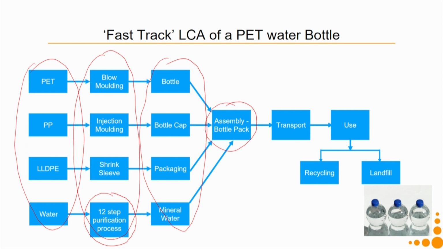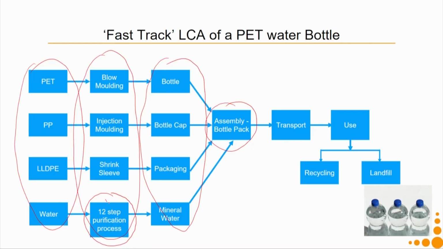Depending on the database that you are using, if the database has one value for, say, converting water into mineral water, in which all the 12-step processes have been combined together, you can use that data. In that case, you do not need to subdivide it into sub processes.